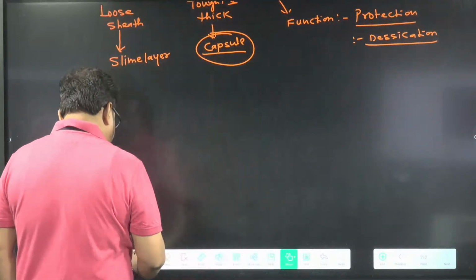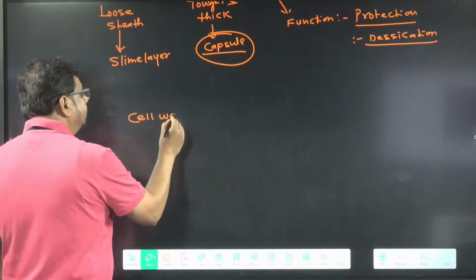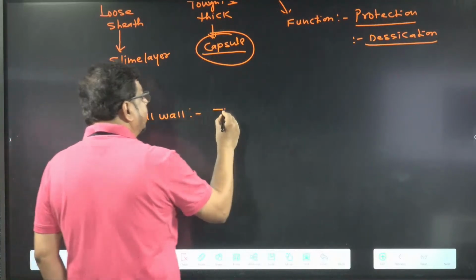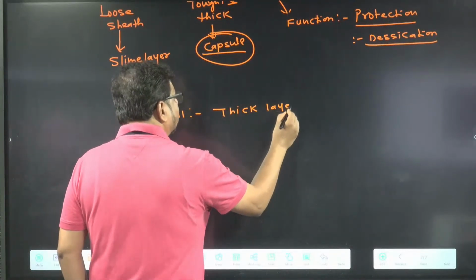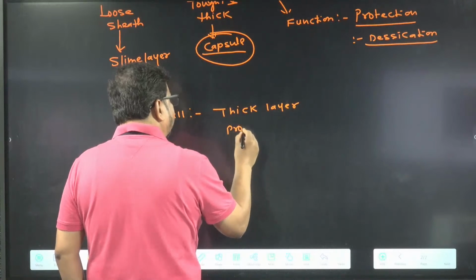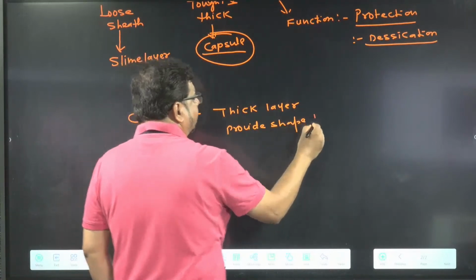After glycocalyx, we are going to talk about the cell wall. So what is the cell wall? A thick layer that provides shape to the bacterial cell.